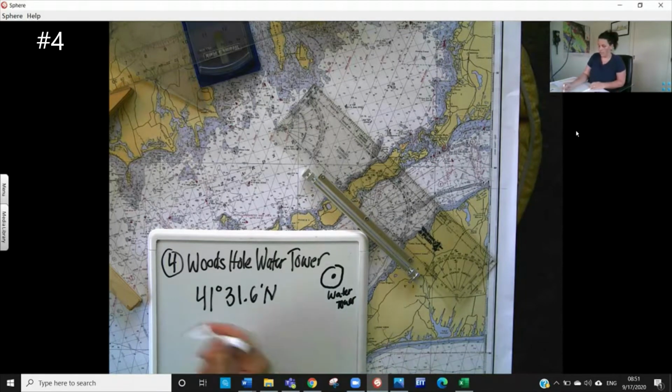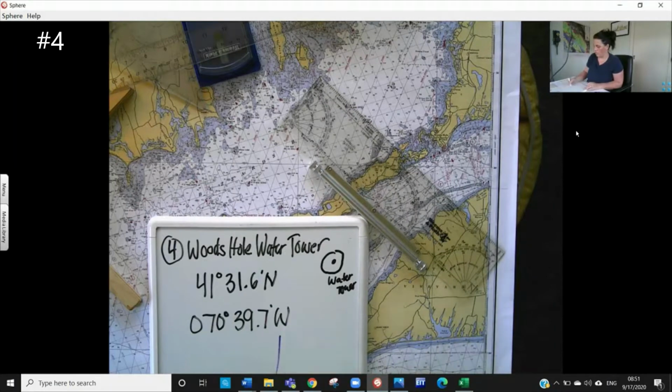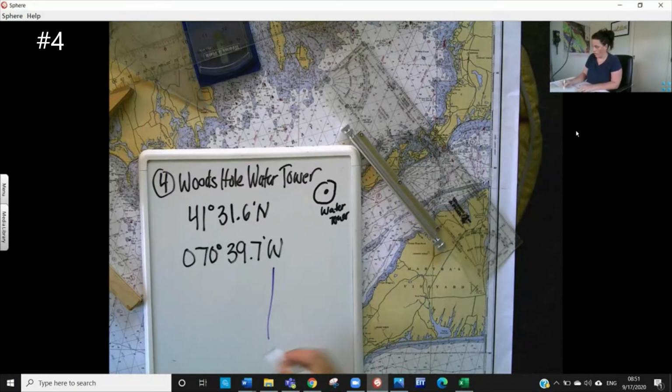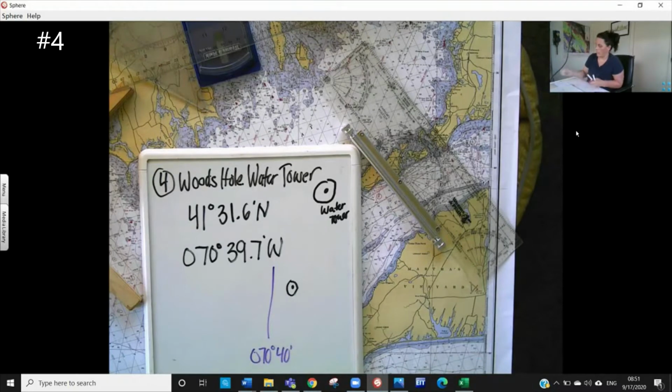So that would be 070 degrees, 39.7 minutes west. So to explain a little bit further what I just did: this was our 070 40 minutes line, and that water tower was right here, right next to it, and I had drawn a latitude line that was parallel.